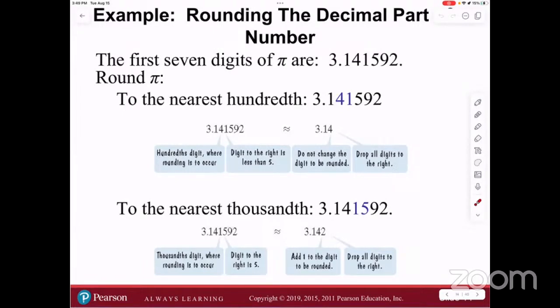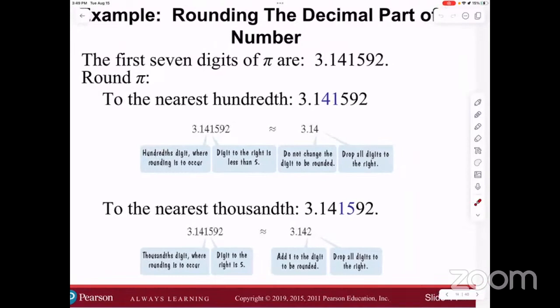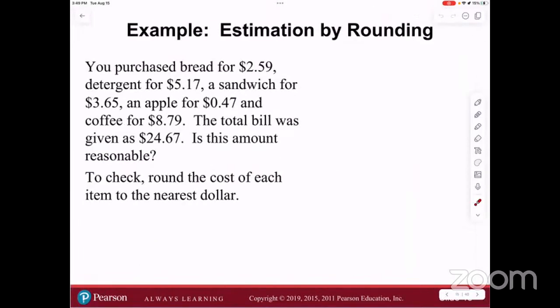Okay, estimation by rounding. We purchased bread for $2.59, detergent for $5.17, a sandwich for $3.65, an apple for 47 cents, and coffee for $8.79. The total bill given was $24.67. Is this amount reasonable? To check, round the cost of each item to the nearest dollar. For the bread, that's going to be $3.